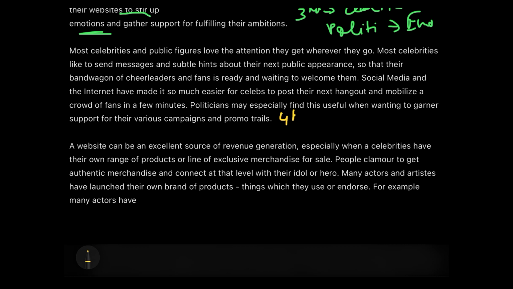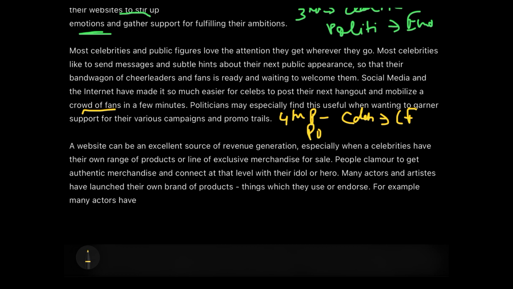So, what does the fourth paragraph give me? The information that nowadays celebrities are using social media to gather a crowd of fans. So celeb, crowd of fans, CF, I'll remember it like this. You may remember it with any other code.